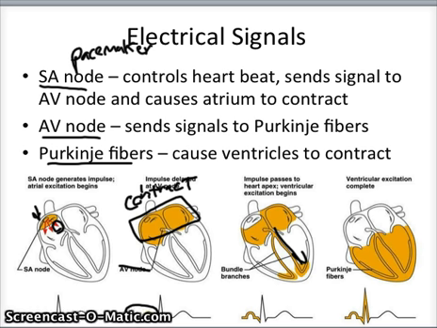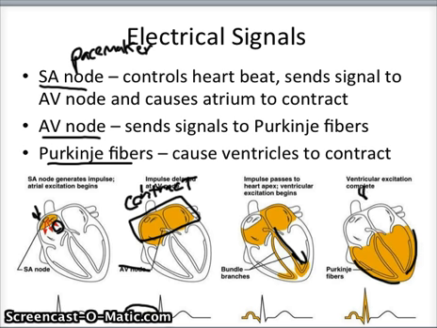And that is just basically that signal, that pulse from the atrium contracting. Then the AV node receives that signal and sends it down to the bottom of the ventricles, and then it goes to the Purkinje fibers, which go up each side of the ventricle, and that causes the ventricles to contract.